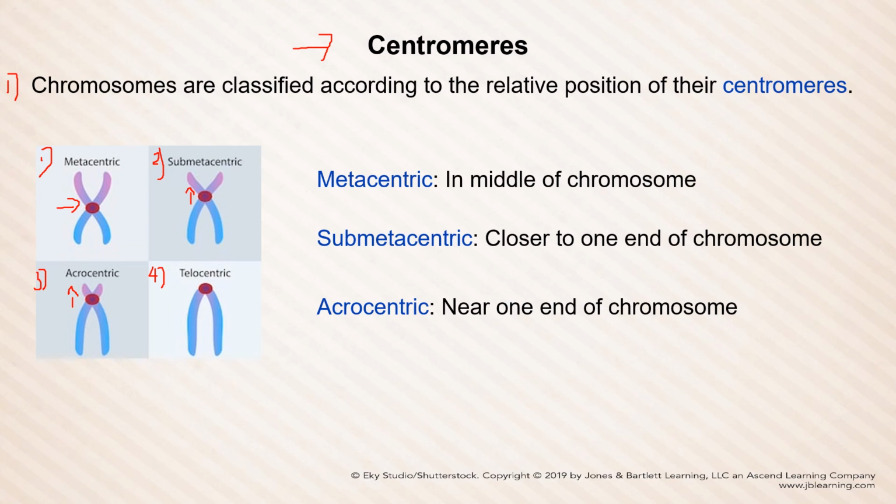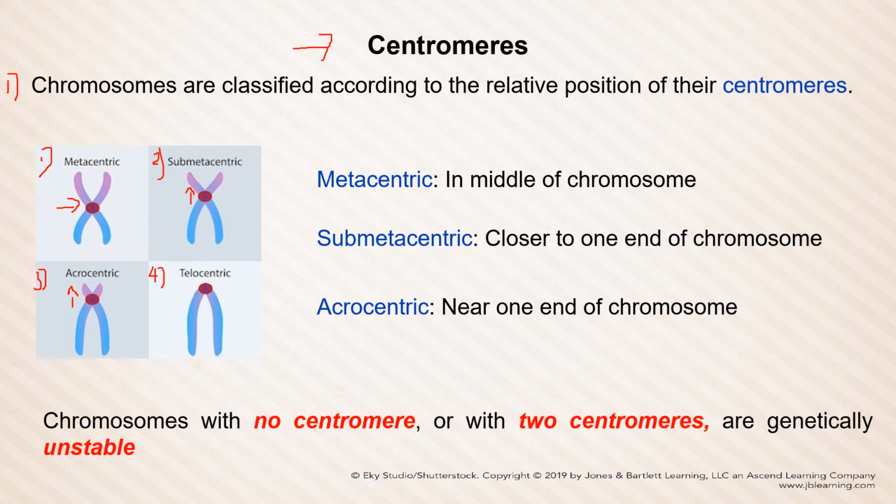And something very important to tell you is that when chromosomes have no centromere, or they have two or more centromeres, they are genetically unstable and they are not able to go through mitosis normally. This is an indication that something wrong is happening with the cell division, and that those cells should go through apoptosis, or they are carcinogenic, or cancerous cells.